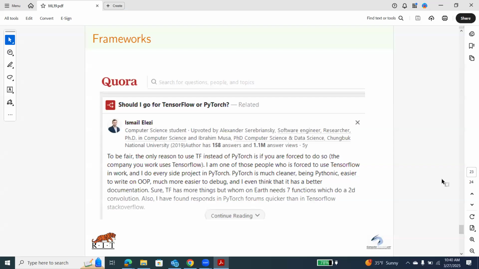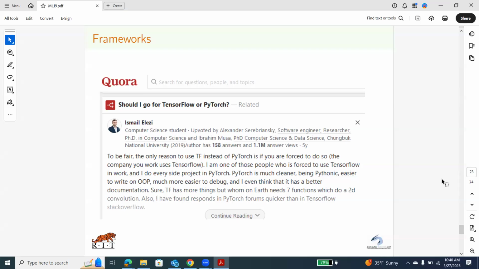And I just Googled some opinions about which framework is more popular, and I like this one. The only reason to use TensorFlow instead of PyTorch is if you are forced to do so.